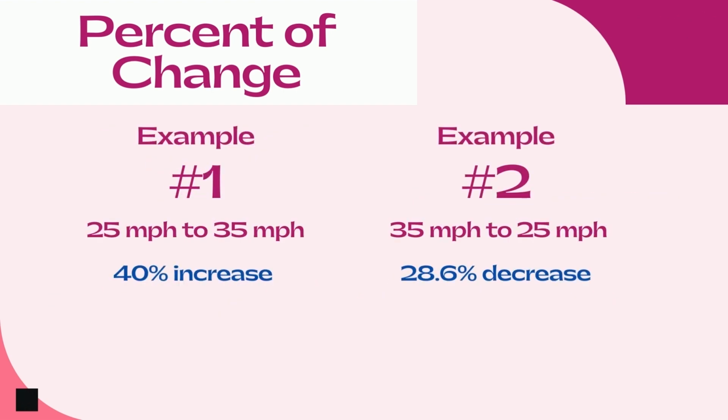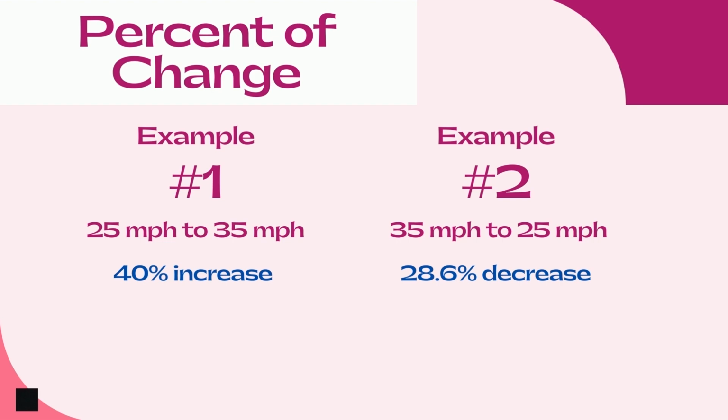Let's look real quickly at those first two examples again. 25 miles per hour to 35 miles per hour was an increase, and when we did the math, we found that it is a 40% increase. That's because the difference, which is 10, is 40% of the original 25, as opposed to, in example 2, the difference, which is 10, is only 28.6% of 35.